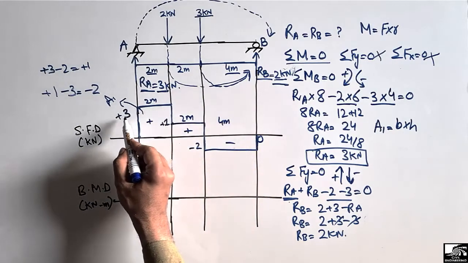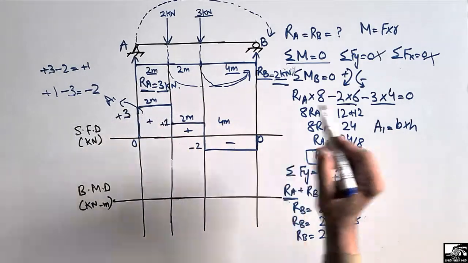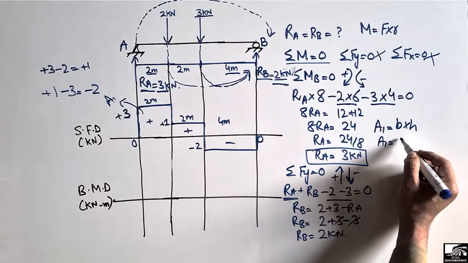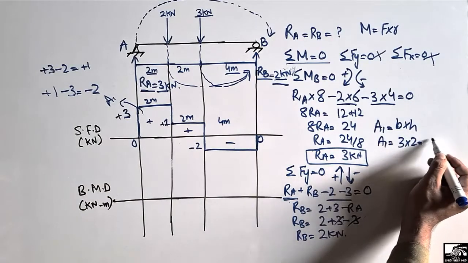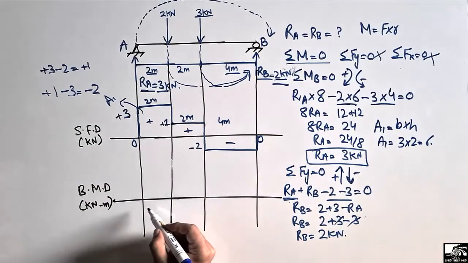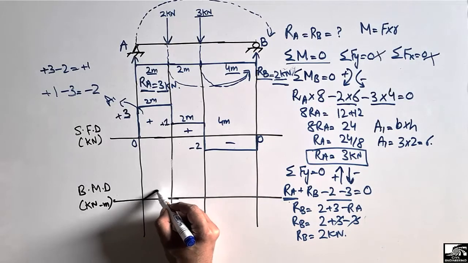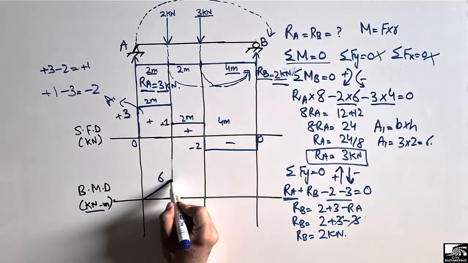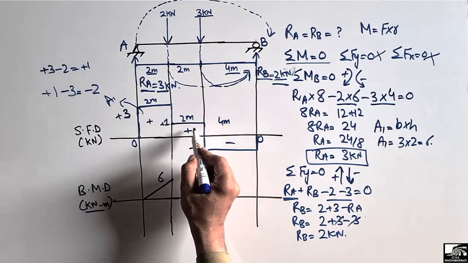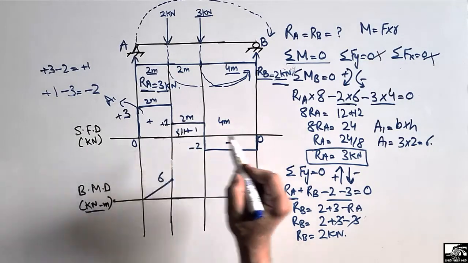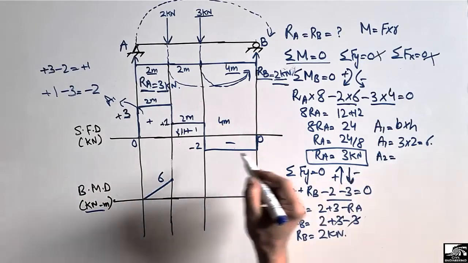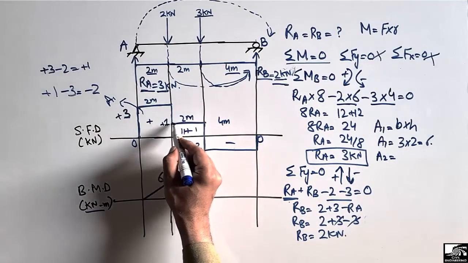So this is a rectangle with a height of 3 and a base of 2. So we will just find the area of this rectangle. So 3 into 2, we got 6. So the moment will be 6 at this point. 6 kilonewton meter is the bending moment value at this point. Now we will find the area of this box. So A2, this is also a rectangle with a base of 2 and a height of 1.